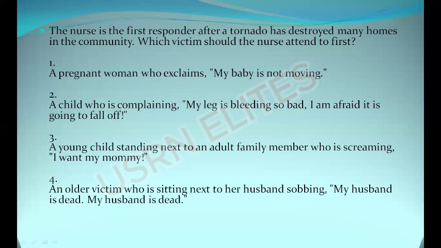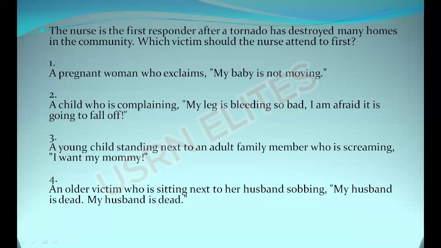Who can try? If you want to try, you can raise your hand.